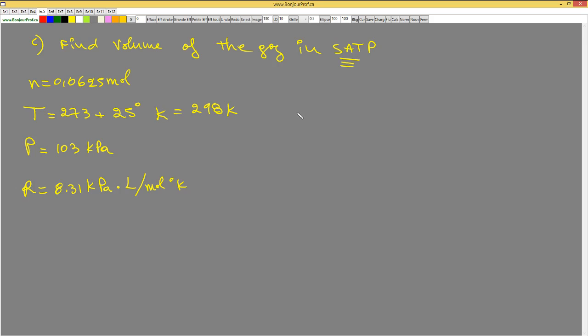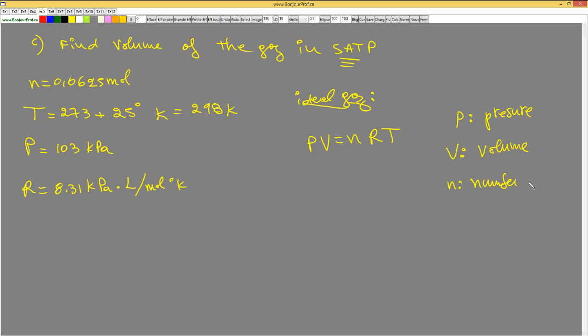We have an equation. What do we call it? We call it the ideal gas formula, or law. The formula is PV equals nRT. What is P? The pressure. What is V? The volume. What is n? The number of moles. What is R?